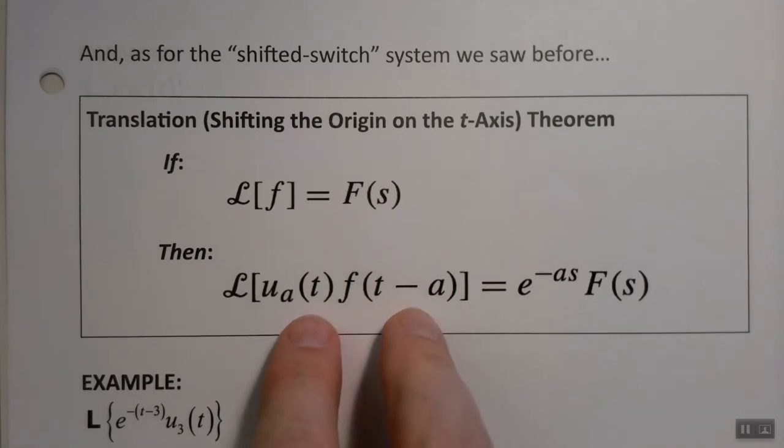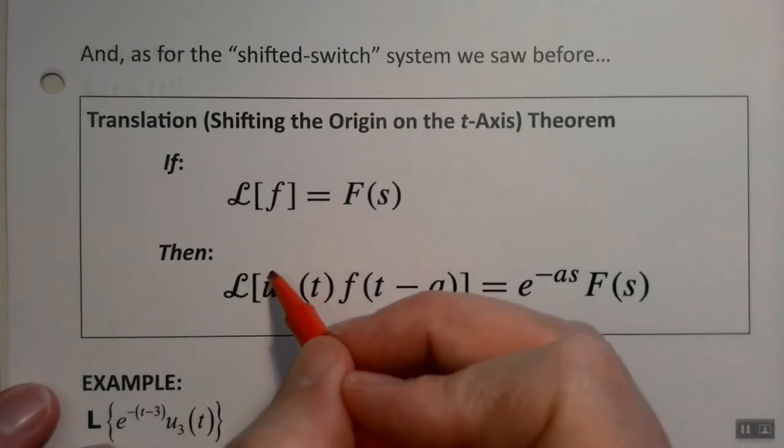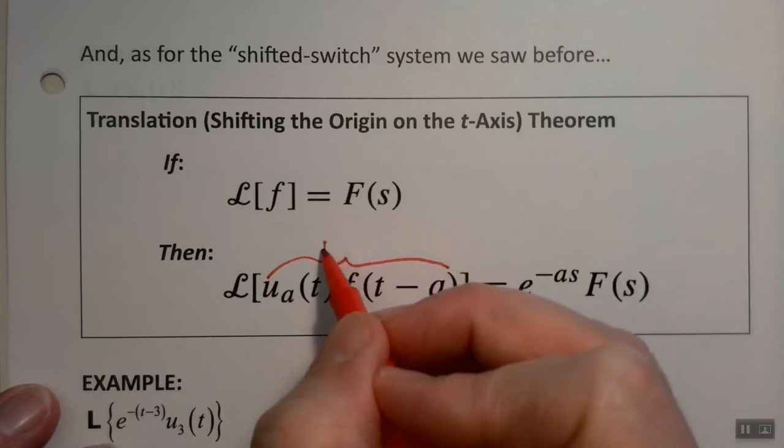The shifted switch, notice, is taking the function that we knew to begin with, f of t, and shifting it to the right, if a is positive, a units, but at the same time also making it so that it doesn't turn on until a. So this is a classic shifted switch system right here.